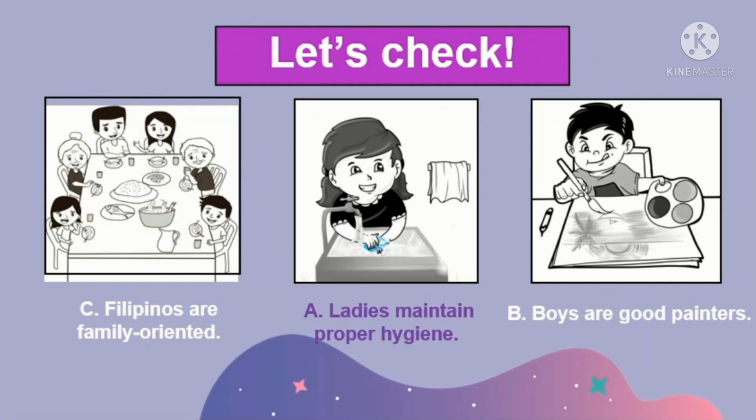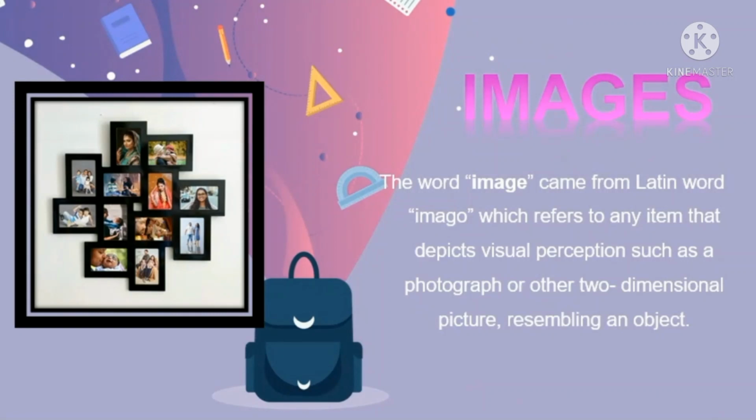So these images can express different opinions or viewpoints. But let's first define what is an image or images. The word image came from the Latin word imago, which refers to any item that depicts visual perception, such as a photograph or other two-dimensional picture resembling an object.